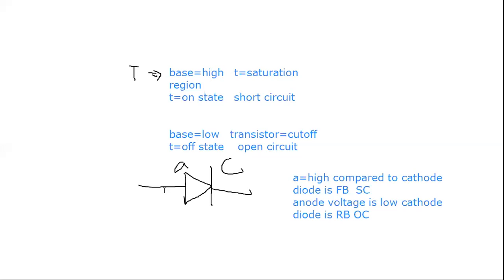In the same way, if the anode voltage is high compared to the cathode, the diode goes to forward bias and acts like a short circuit. When the anode voltage is low compared to the cathode voltage, it is in reverse bias and we consider it as an open circuit. When we consider these things, we can easily understand the operation of the circuit.